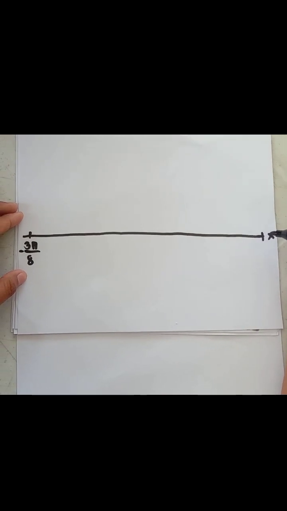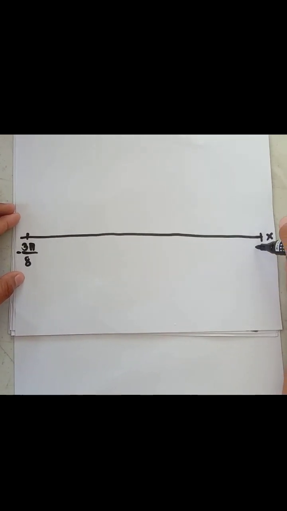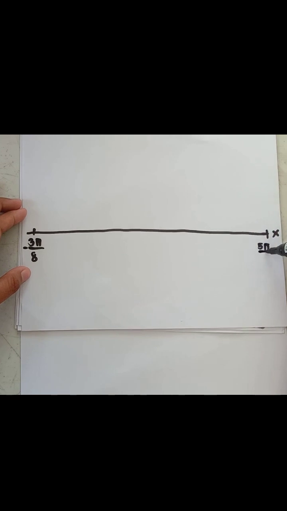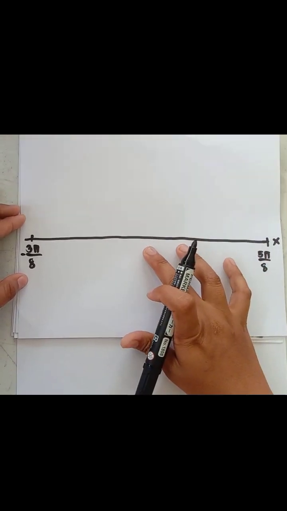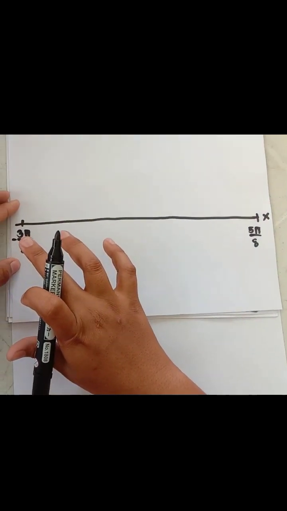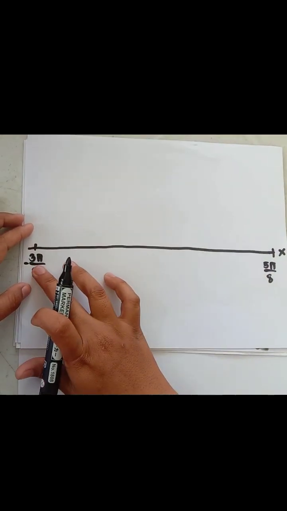And on the right side, we have the endpoint, which is 5 pi over 8. And to get the midpoint, we need to add the phase shift and the endpoint, which is negative 3 pi over 8 plus 5 pi over 8.